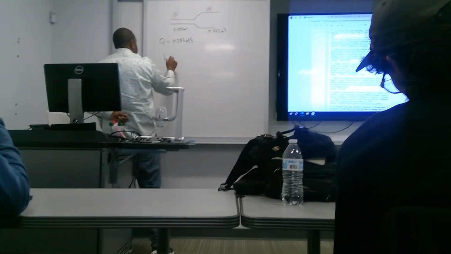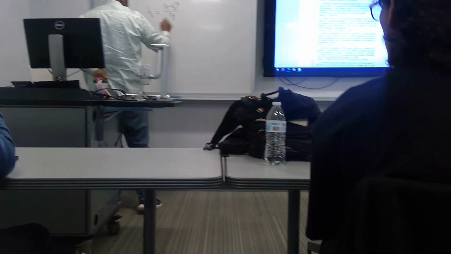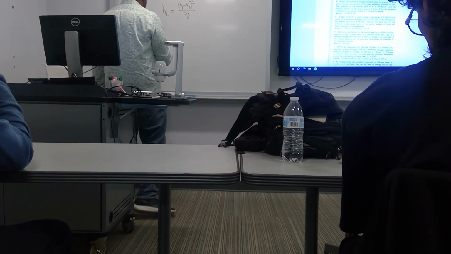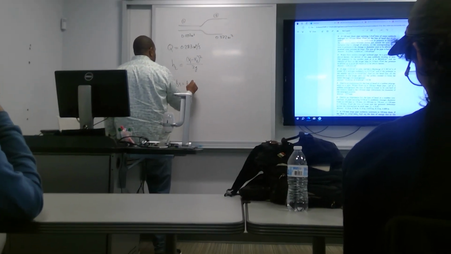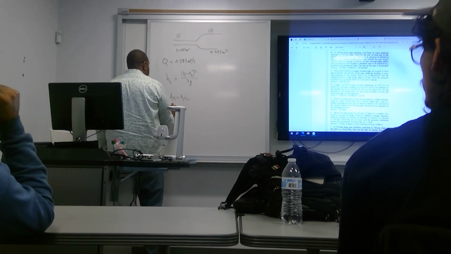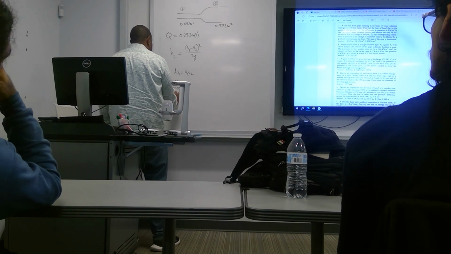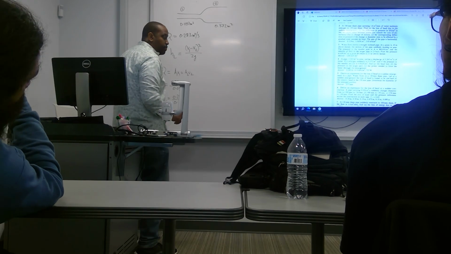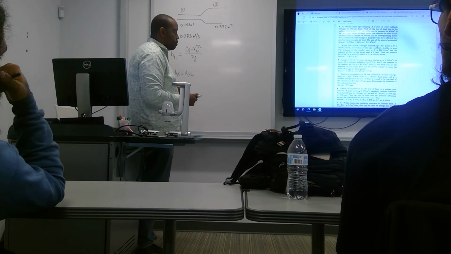So our head loss is given by V1 minus V2 squared over 2g for an expansion. So we can find V1 and V2, because Q is equal to A1V1 equals A2V2. Therefore V1 would be 0.283 over 0.093, and V2 would be 0.283 over 0.372. Once we get those values, we can plug them into HL.